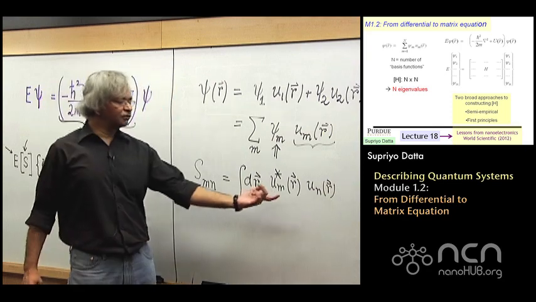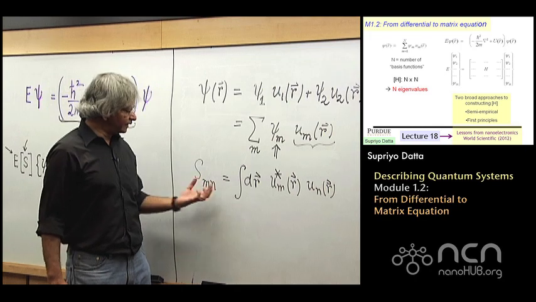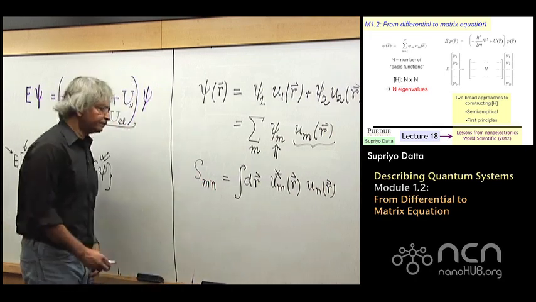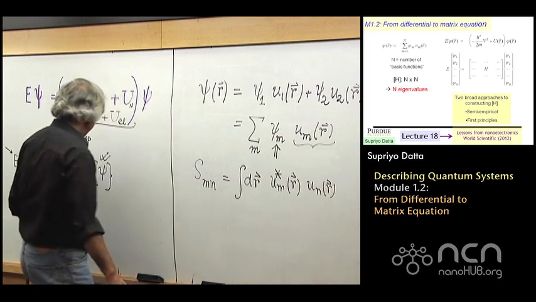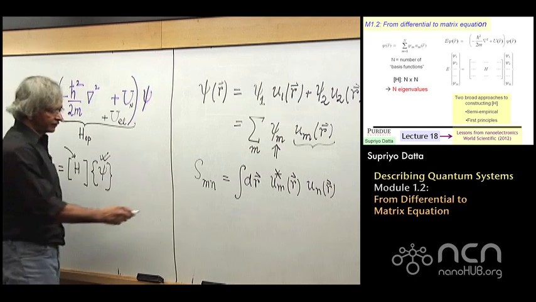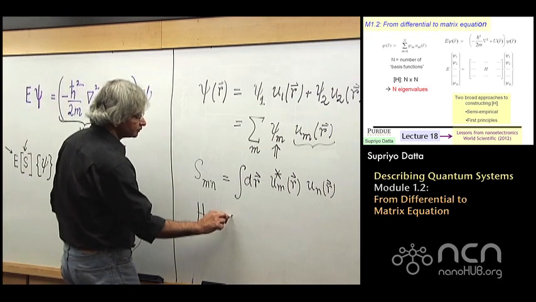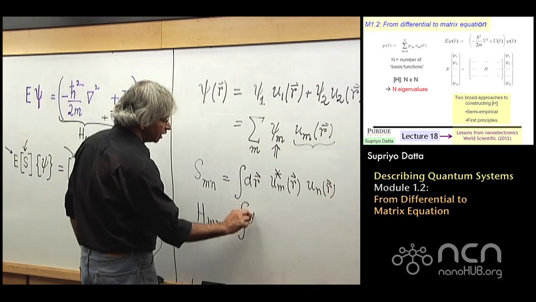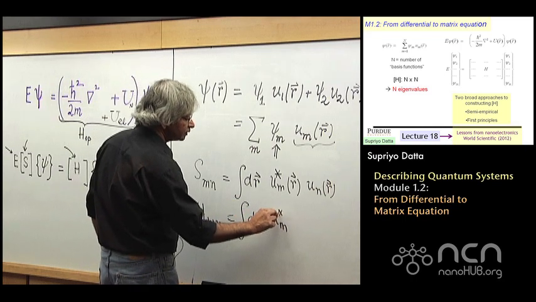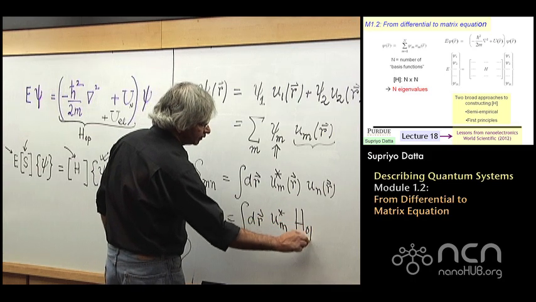So these are functions you know. So once you know those functions, you can do that integral. And then you get numbers. And these are the numbers that are actually in those matrices. And if you want to write the matrix H, then the elements of that matrix are written as HMN is equal to integral dr um star, and then you have this H operator.